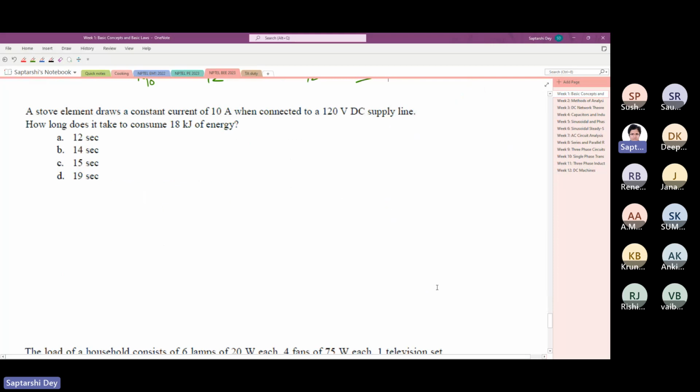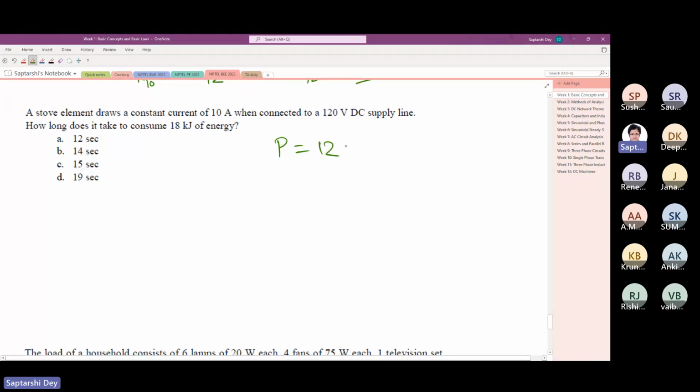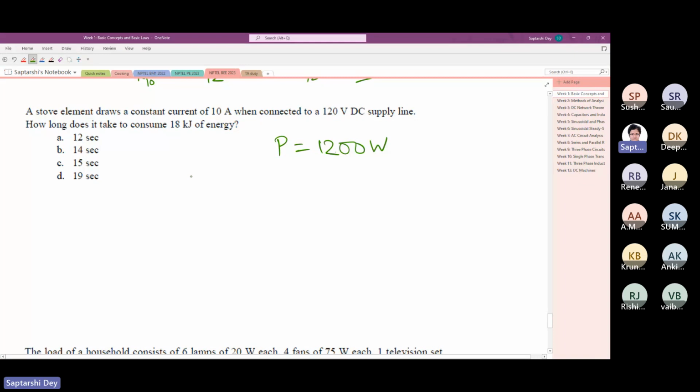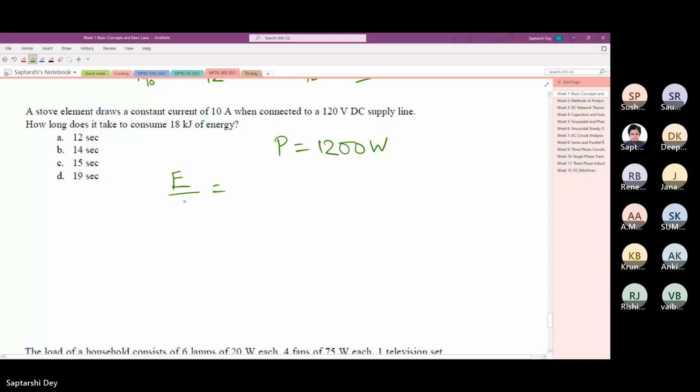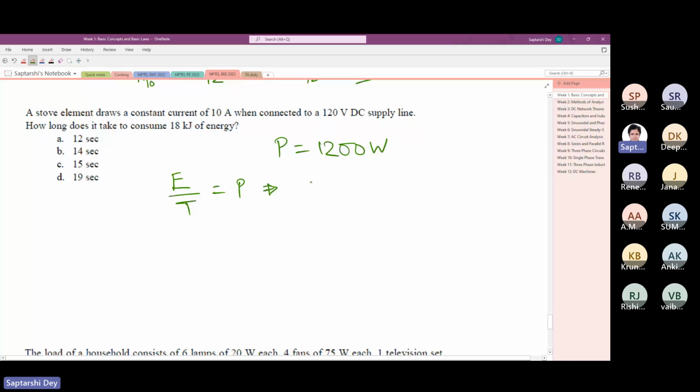Let us see. A stove element draws a constant current of 10 ampere when connected to a 120 volt DC supply. How long does it take to consume 18 kilojoule? So what is power? Power is 1200 watt, and energy consumed per unit time is power. I should write capital T. So T is energy by power.